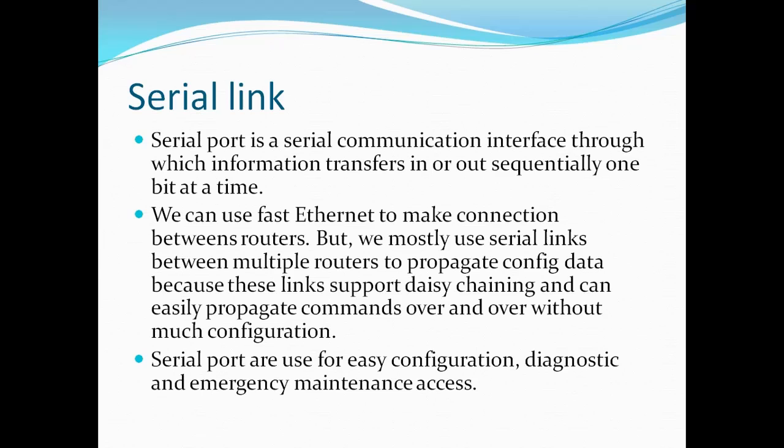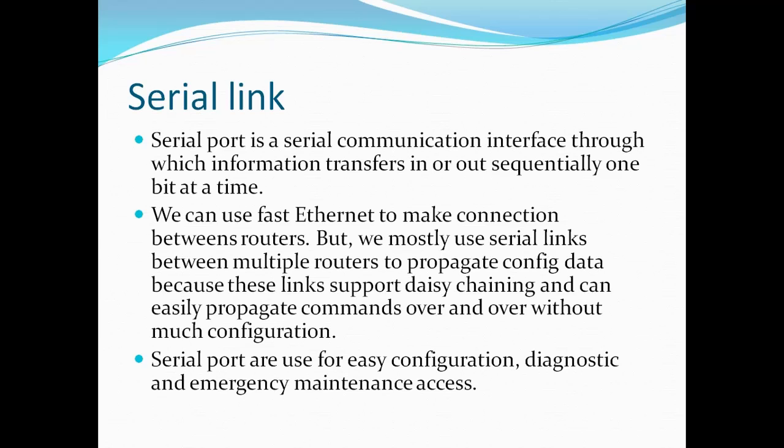So before going to lab class, let's learn about the serial link or serial port. A serial port is a serial communication interface through which information transfers in or out sequentially, one bit at a time.